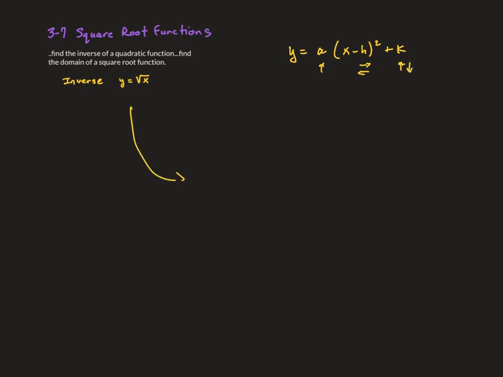The characteristics here for a square root function follow the same rules. Instead of the square root of x, we have y equals a times the square root of x minus h plus k. These all do the same thing to the translations of the parent function.